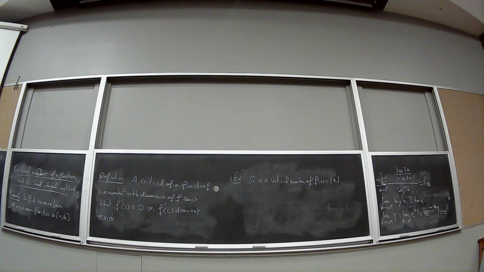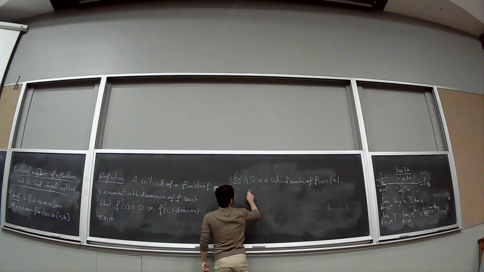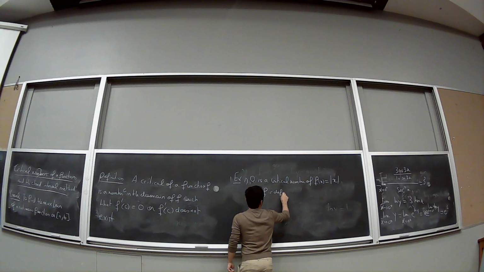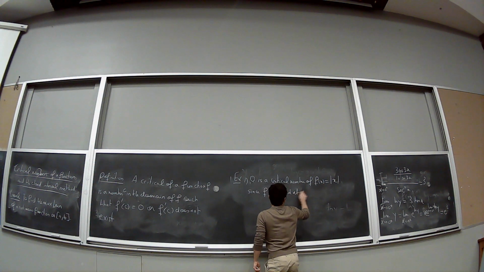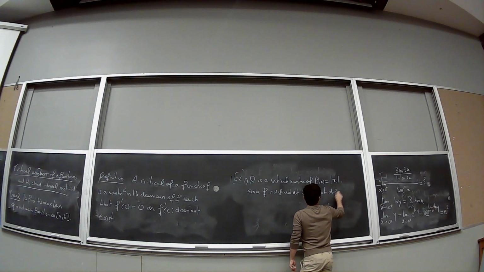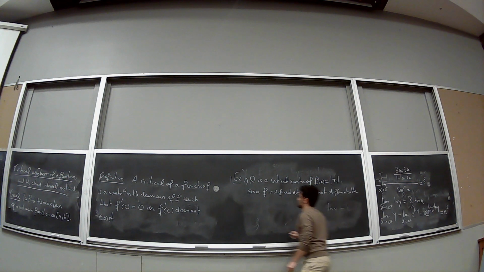Is the absolute value function defined at 0? Can I take the absolute value of 0? Yes. Is f differentiable at 0? No. So 0 is a critical number of f of x equals absolute value of x, since f is defined at 0 but not differentiable at 0.